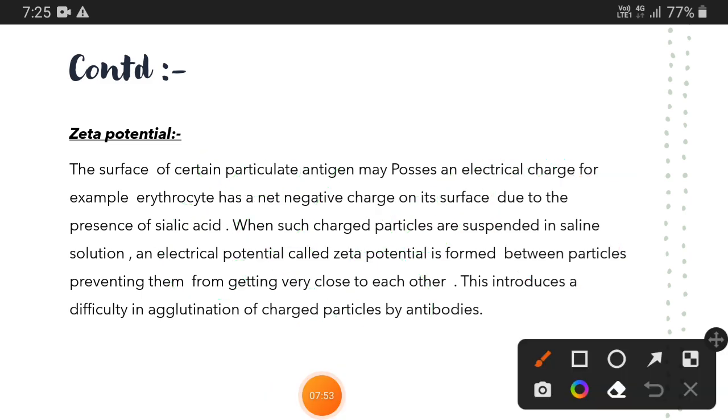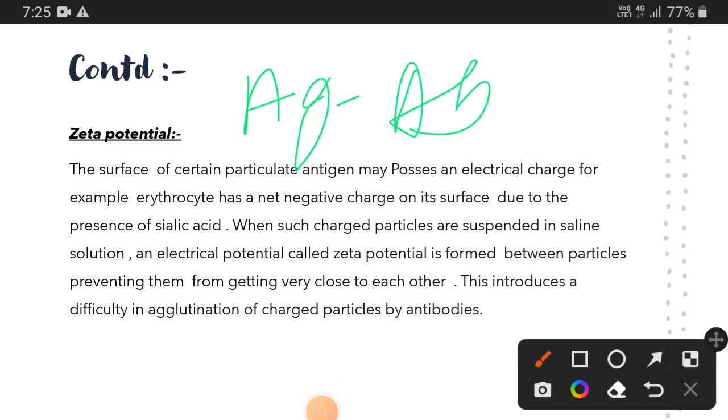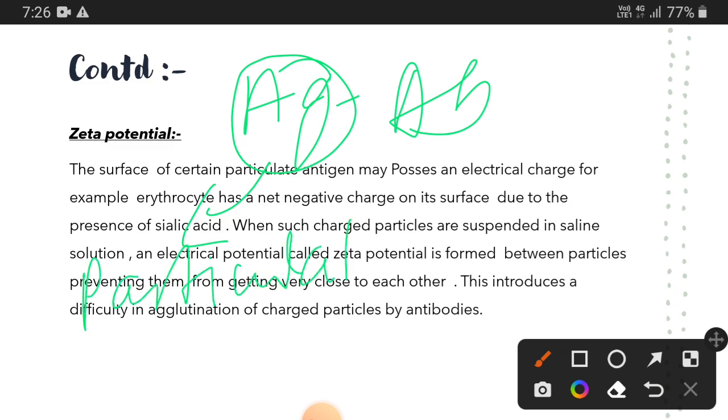So up to that part we have learned about antigen antibody reaction. So here in case of agglutination, the antigen will be particulate or insoluble. So by that reaction there will be formation of visible clumping, right?